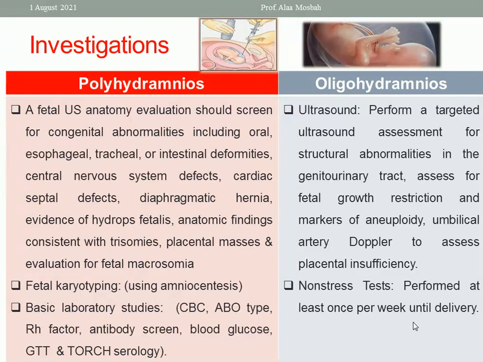Also very important is umbilical artery Doppler to assess placental insufficiency, because placental insufficiency is one of the important causes of oligohydramnios. A non-stress test is performed at least once per week until delivery.